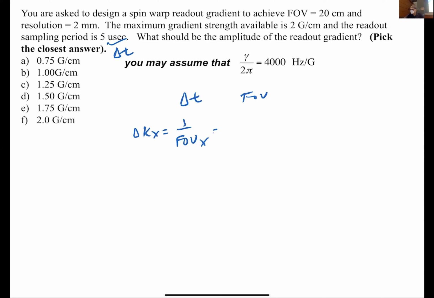So we have 1 over 20 centimeters, and we know that's equal to gamma over 2 pi times the gradient that I want times delta t.